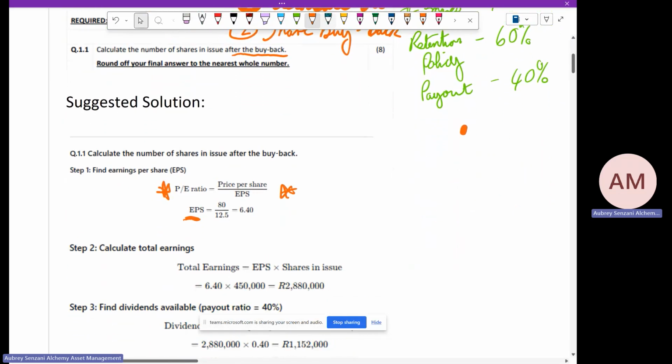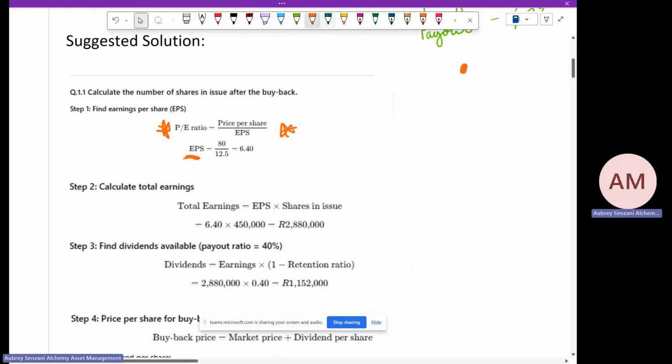But now we want to get our total earnings. Why do we want our total earnings? Because the total earnings for this year is what is going to be used to buy back shares in the business.